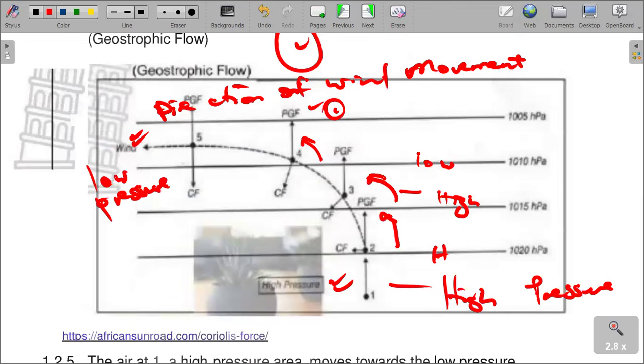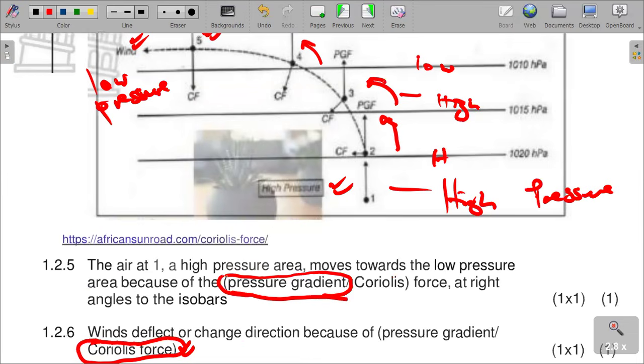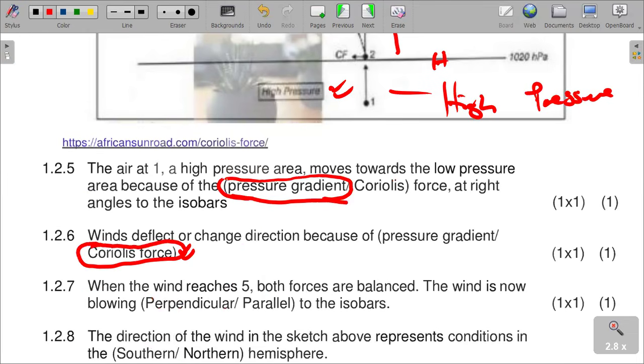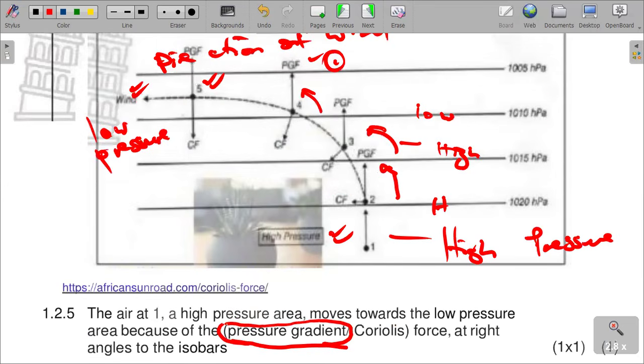As you can see, as the wind reaches 5, both forces are balanced. The wind is now blowing parallel to the isobars.